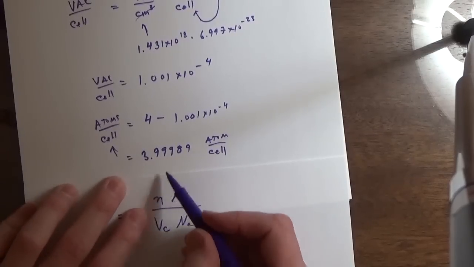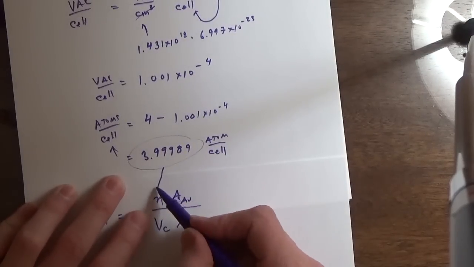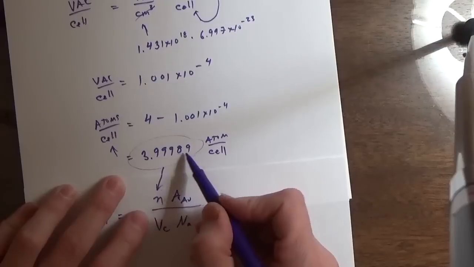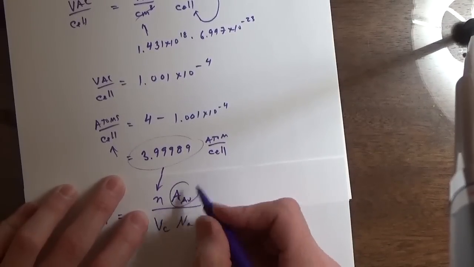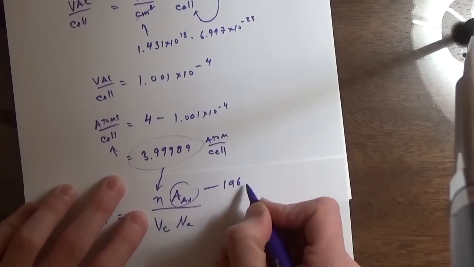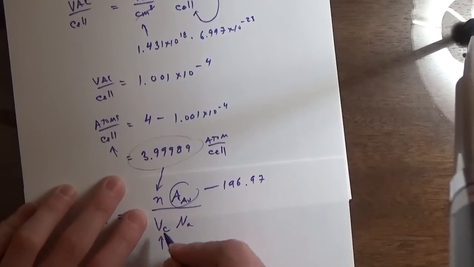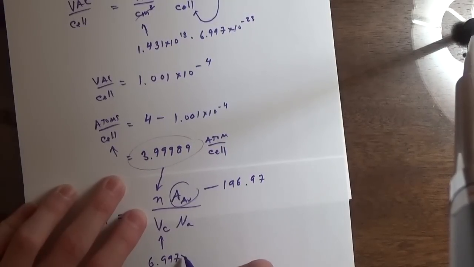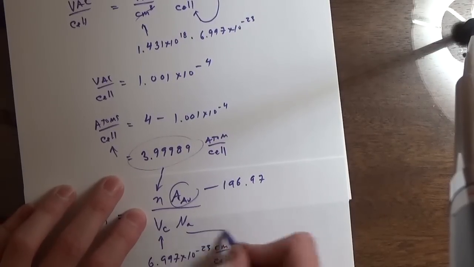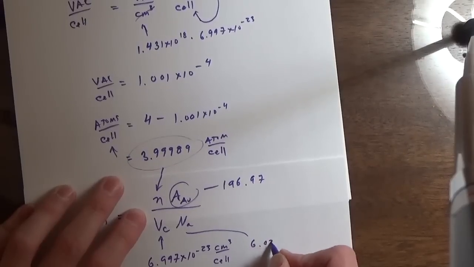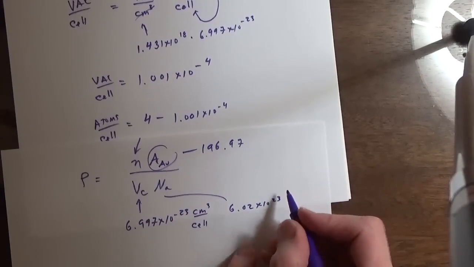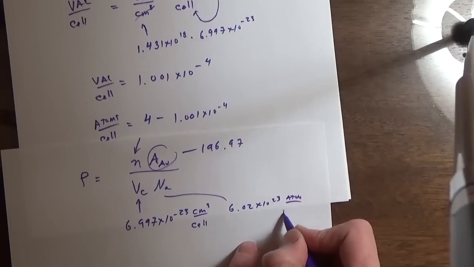So now N is not 4 but 3.9998. A_Au is still 196.97. VC is 6.997 times 10 to the minus 23 centimeter cubed per cell, and N_A is 6.02 times 10 to the 23 atom per mole.